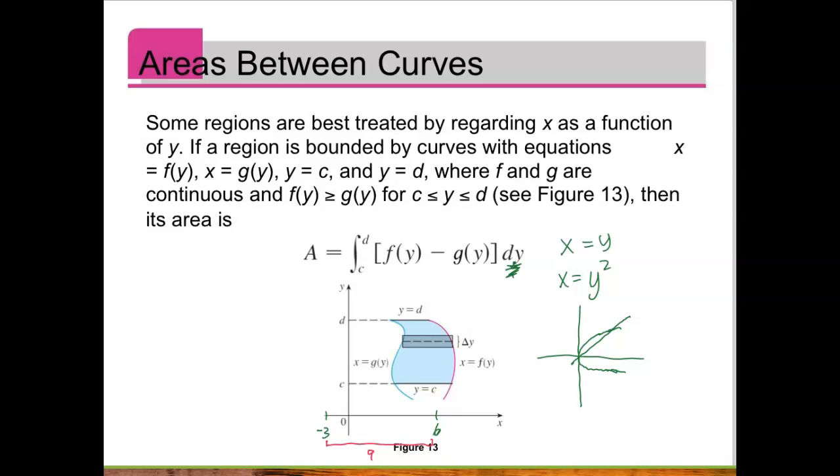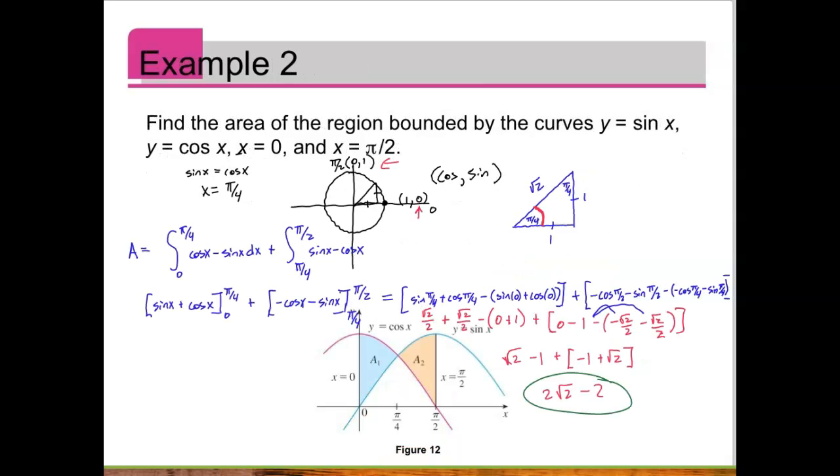When they're functions of y and on their side, same idea, except we're going to do rightmost function minus leftmost function. And now since we're integrating with respect to y, our limits should be what type of values? When we were integrating with respect to x, let's go back, there were x values, right? 0 to 4, pi over 4, and pi over 4 to pi over 2.